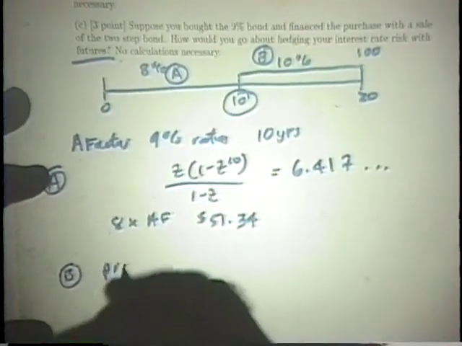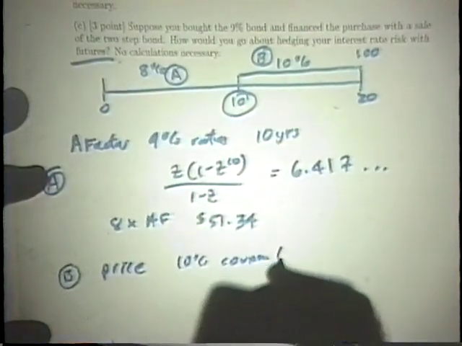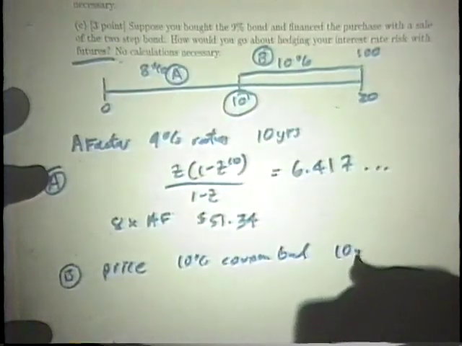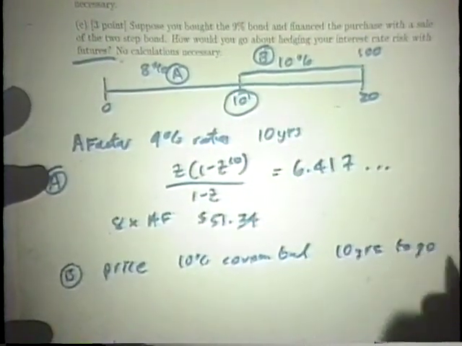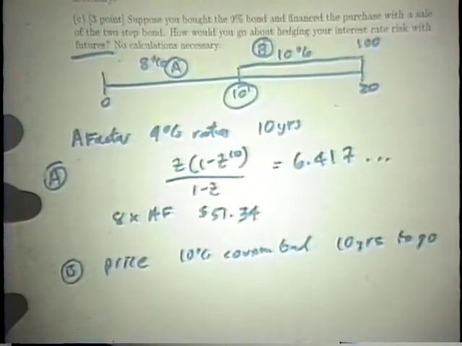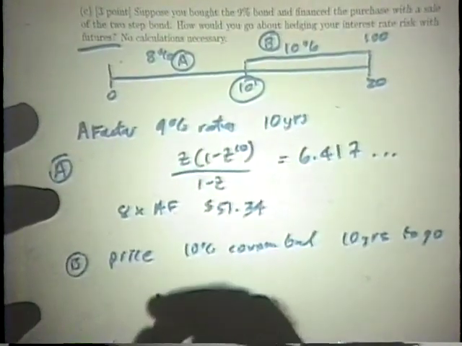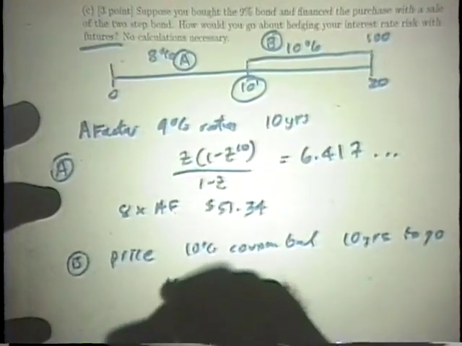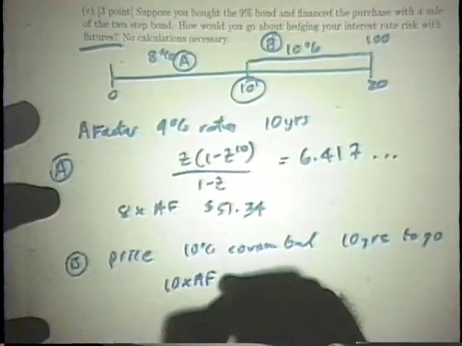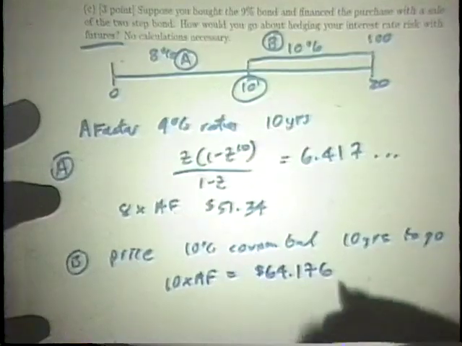So price a 10% coupon bond, 10 years to go. And what is that? That's going to be the same annuity factor, right? Times a different coupon. So it's going to be 10 times the annuity factor, which is going to be 64.176.